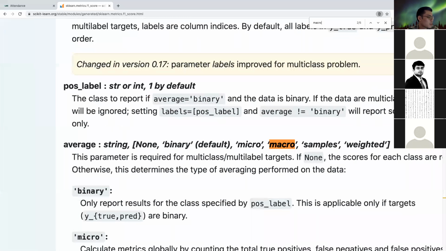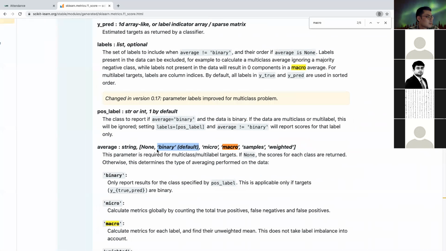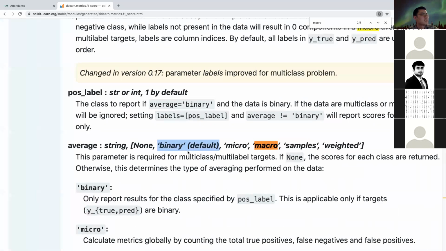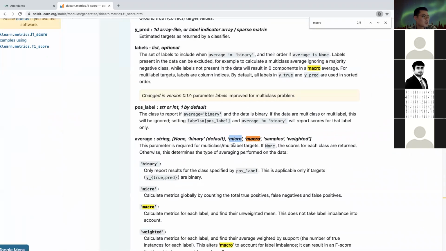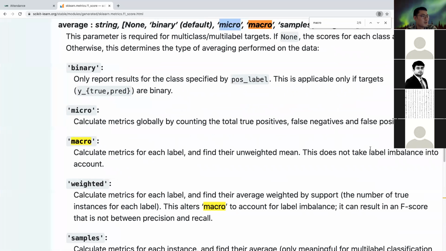Oh, default is binary. That won't work because here we have more than 2 classes, hence we cannot use binary. Oh, I see. Then you can use macro, which already considers label imbalance. You can use macro.